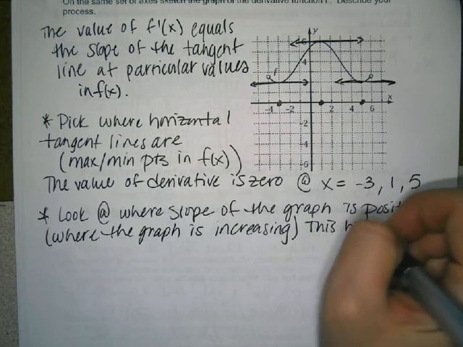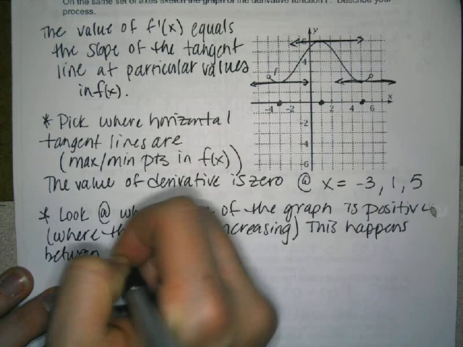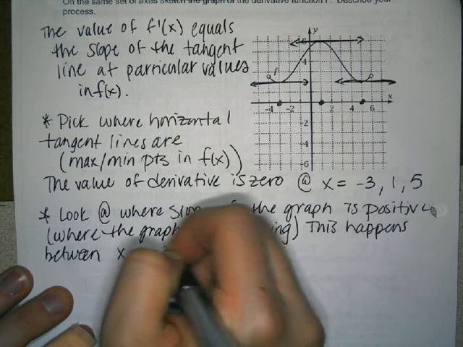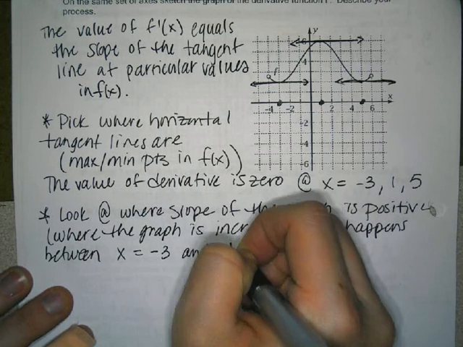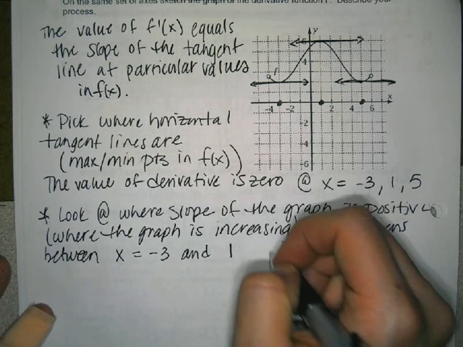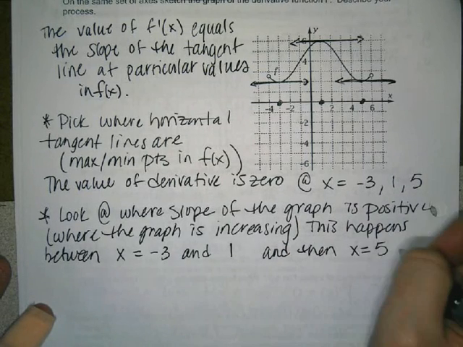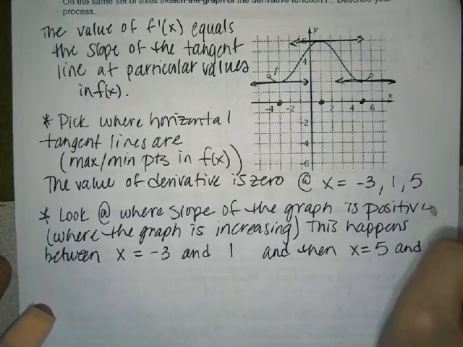Okay, this happens between, we said x equals -3 and 1, and then again where? Happens one other place. 5. Yeah. Between 5 and 6. And then again at x equals 5 and 6.